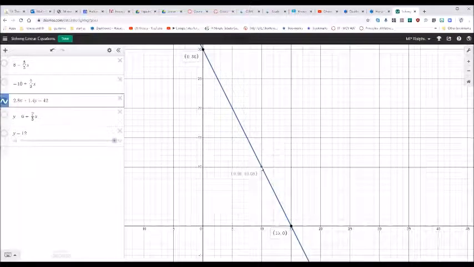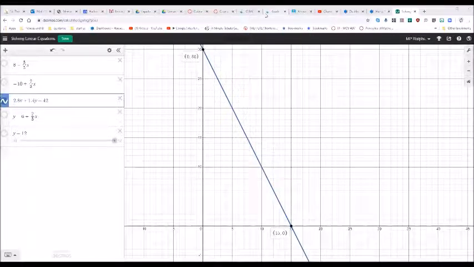Any point along this line, if I substitute the x and y values into the equation, the left side will equal the right side. Here's another point, 5 and 20. If I substitute the x value of 5 and the y value of 20 into the equation, the left side will equal 42, just like the right side equals 42. So this is a way of finding different ordered pairs that satisfy the equation, and a quicker way to verify that.